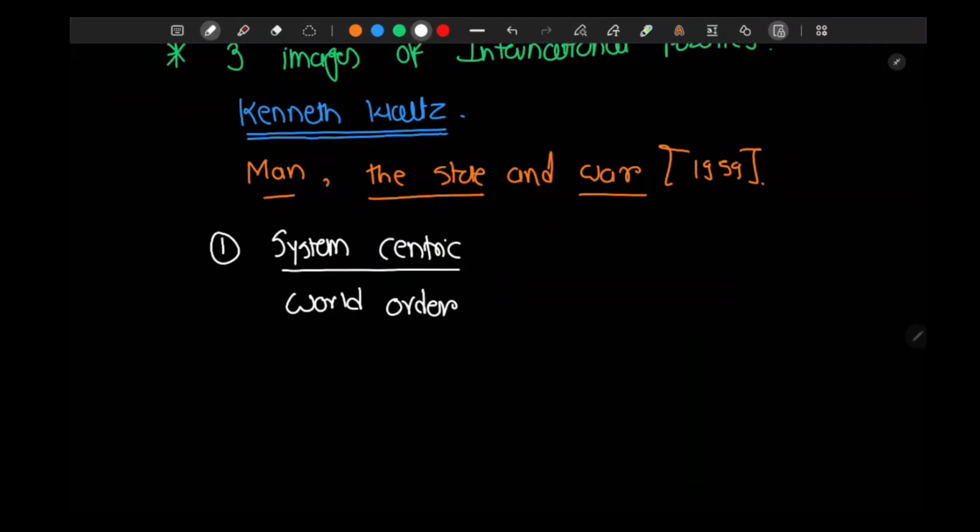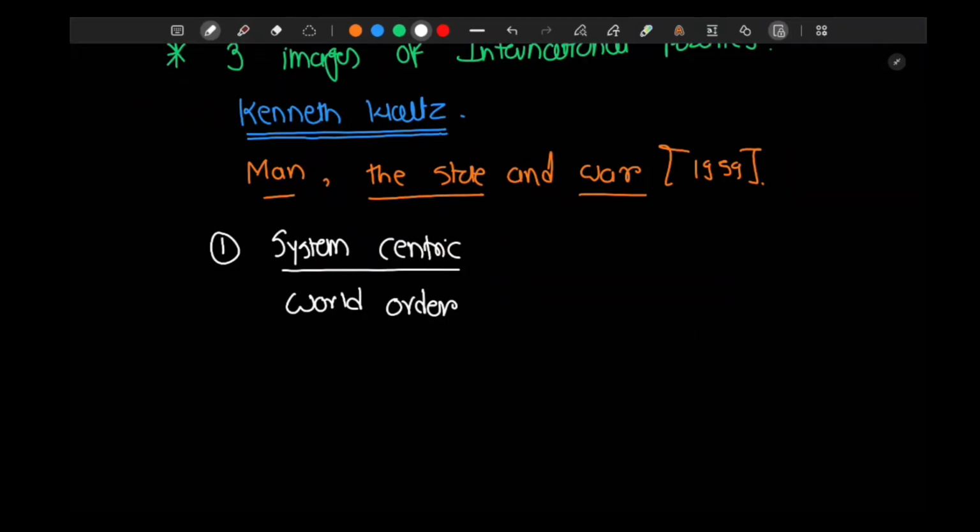World order is order between states. What is order in general? Order is in general stillness, or law and order. You can understand order that way, a kind of peace. But this is not that.